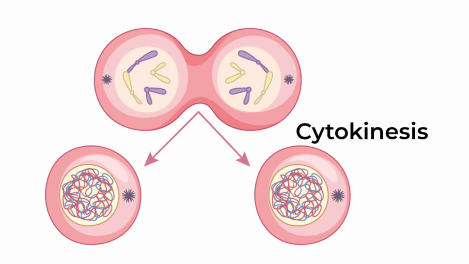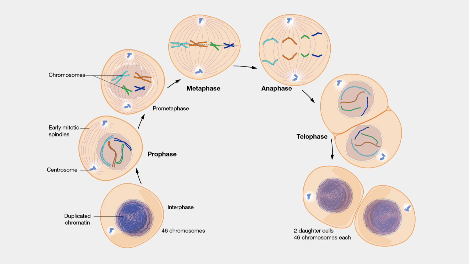First one is known as karyokinesis, in which the nuclear material, that is chromosomes, double and divide separately into two nuclei, which is followed by cytokinesis, in which after the division of the nucleus, the cytoplasm separates by the formation of a cleavage furrow, separating two new daughter cells with their two new nuclei. So let's see the mitosis.